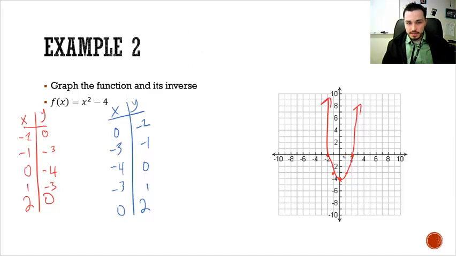So I graph all that. 0, -2, -3, -1, -4, 0, -3 again, but at positive 1 this time, and 0 again, but at positive 2.